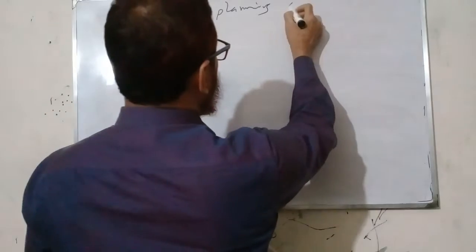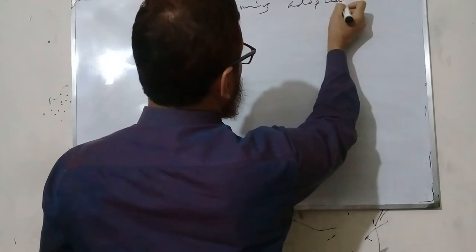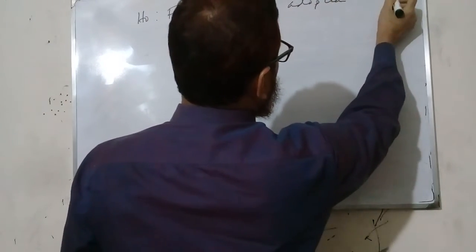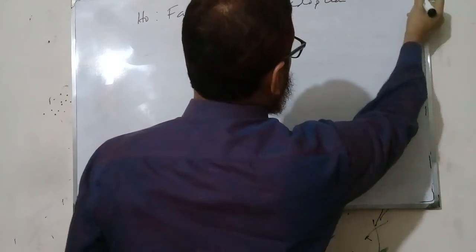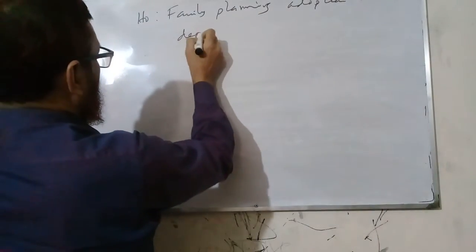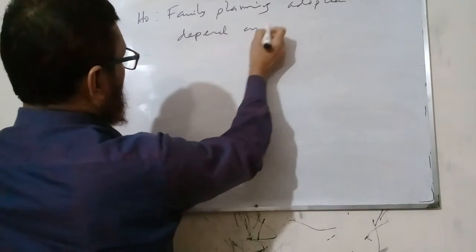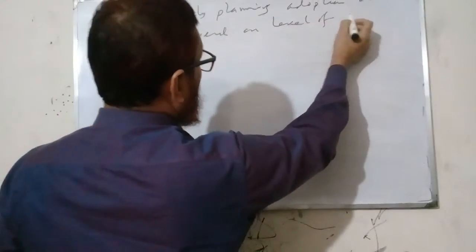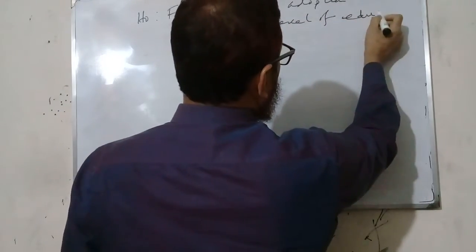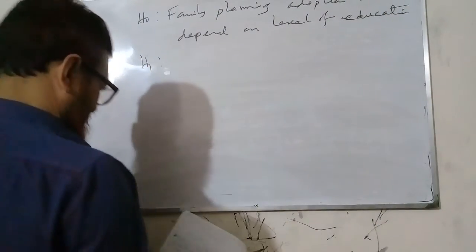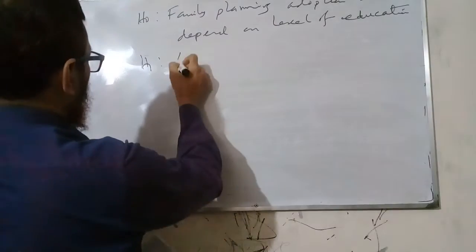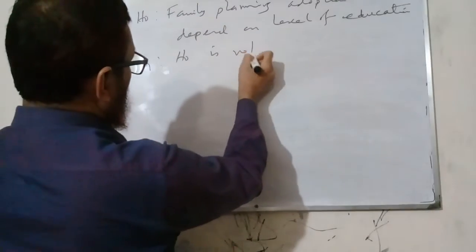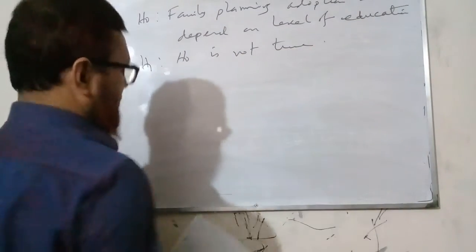Null hypothesis: family planning adoption does not depend on level of education. Alternative hypothesis: H0 is not true.